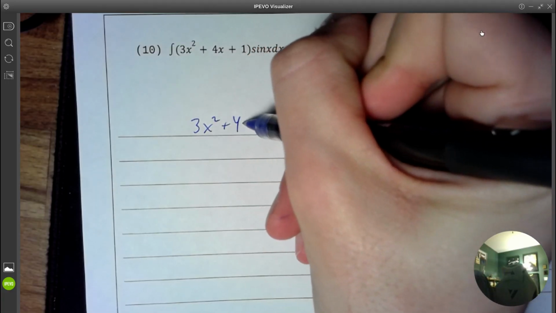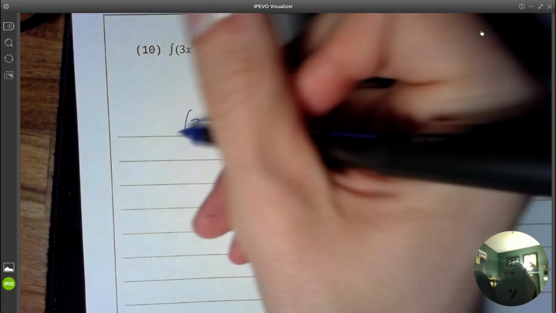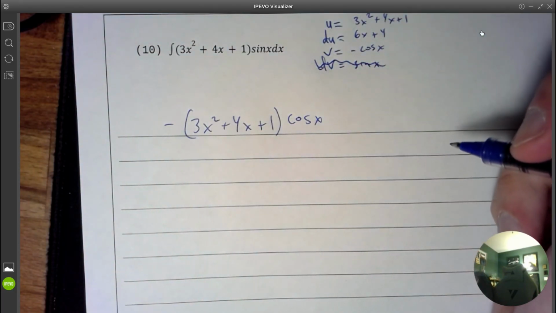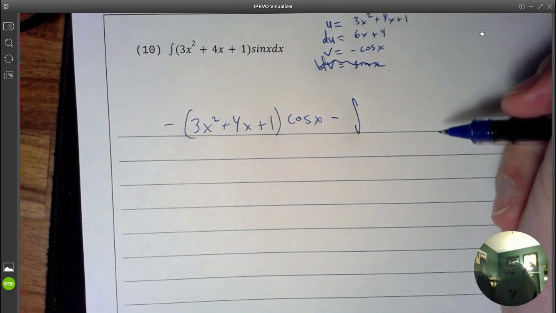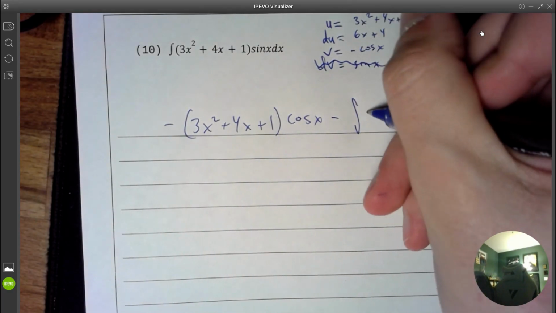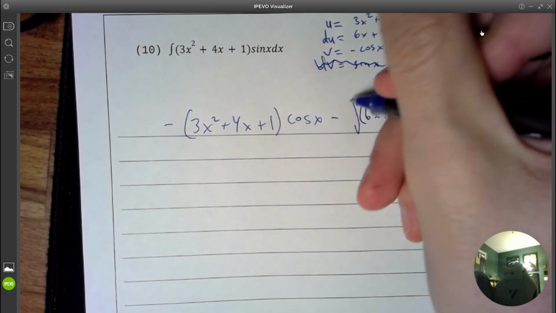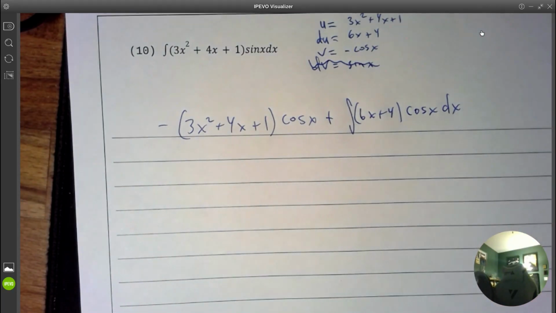3x squared plus 4x plus 1 times negative cosine x, minus the integral of these two, 6x plus 4 times negative cosine x dx.